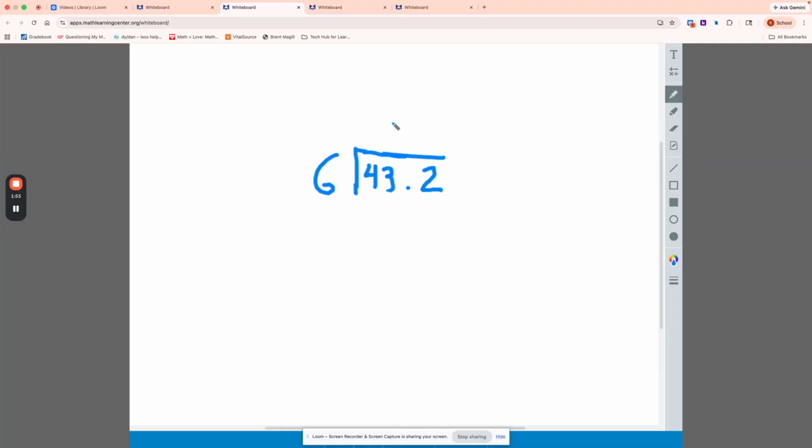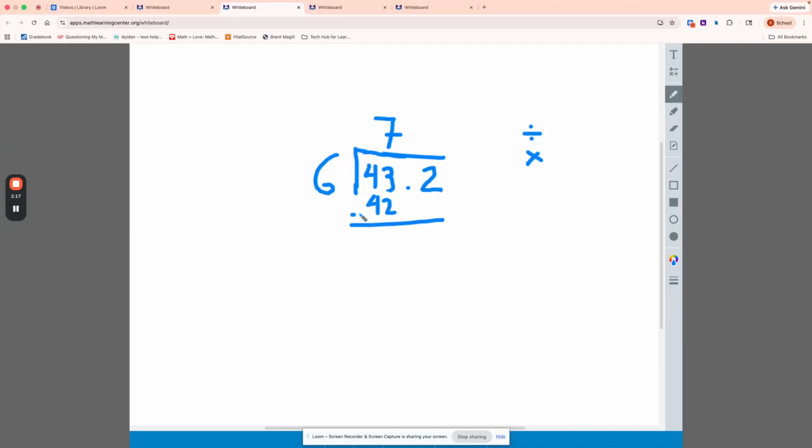The focus here is division, but multiplication and place value are important.